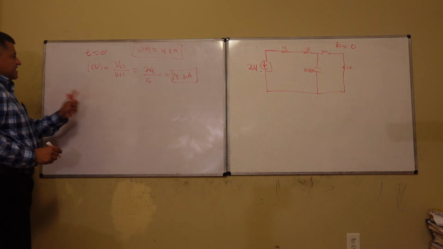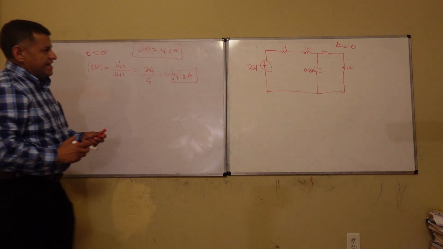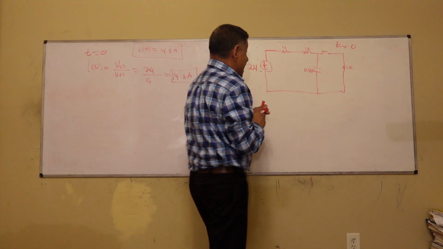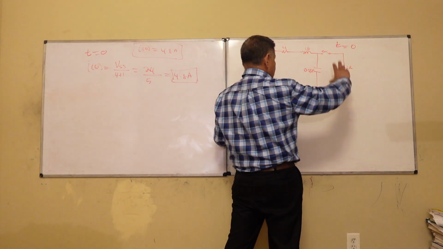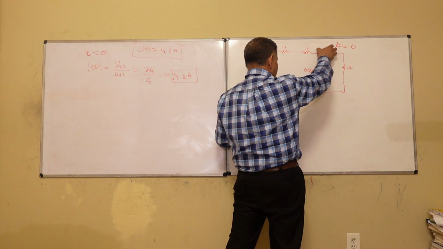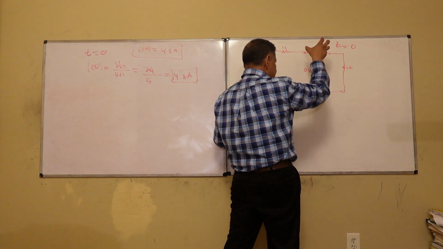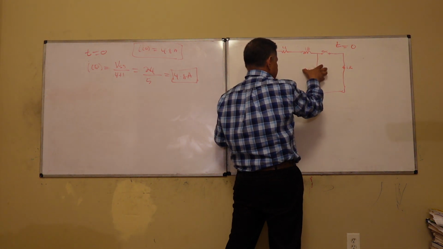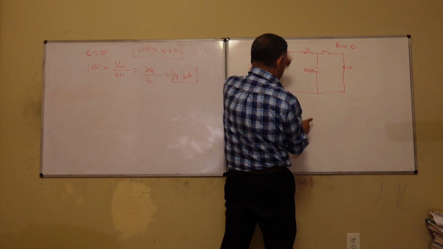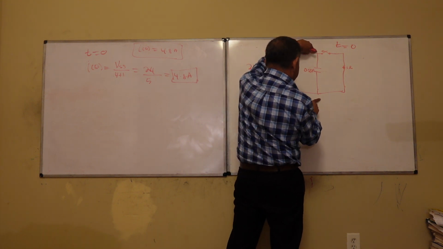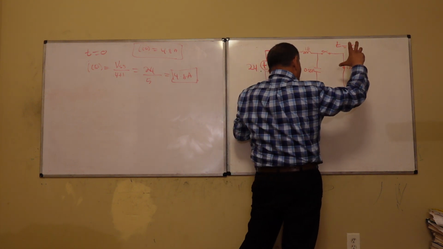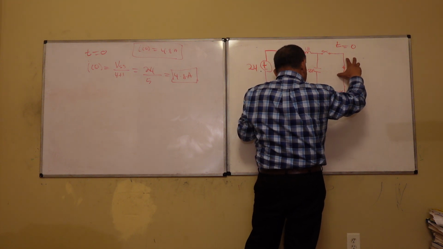Now the next step is going to analyze this at the time that this is equal to 0, and this is acting like an open circuit. What does that mean? You take the voltage meter, put it right at this point, and it's going to look at what is going on in that resistor.